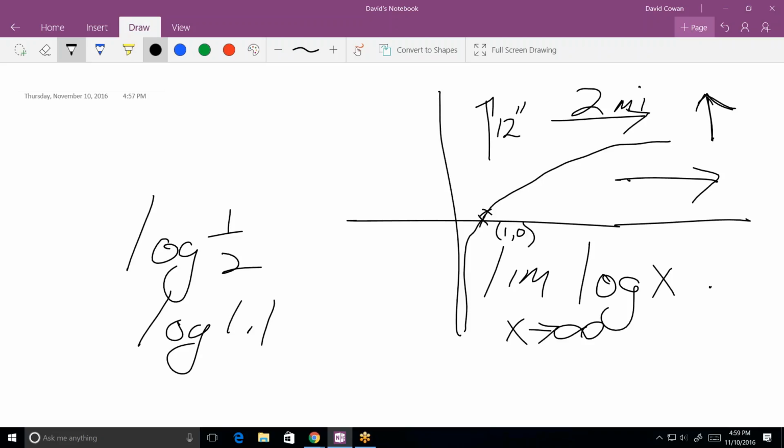If you looked at the log function, you would almost think that there's a horizontal asymptote the way it looks. Yeah, that's what I was thinking. But it's not. There isn't one. There's nothing that limits what the log of x can go to. You make x big enough, the log of x gets big, real big. Okay. That's fine. All right.